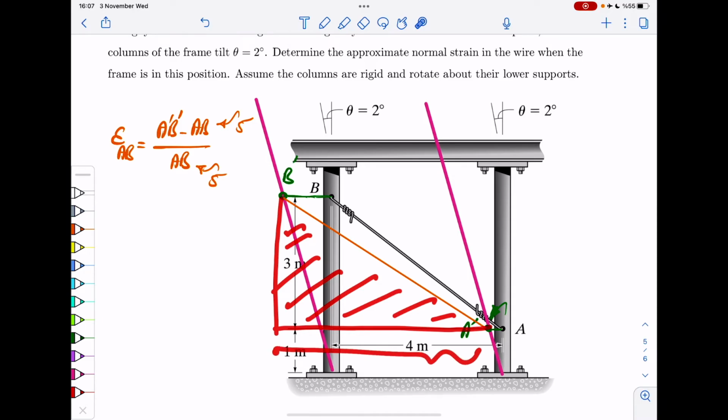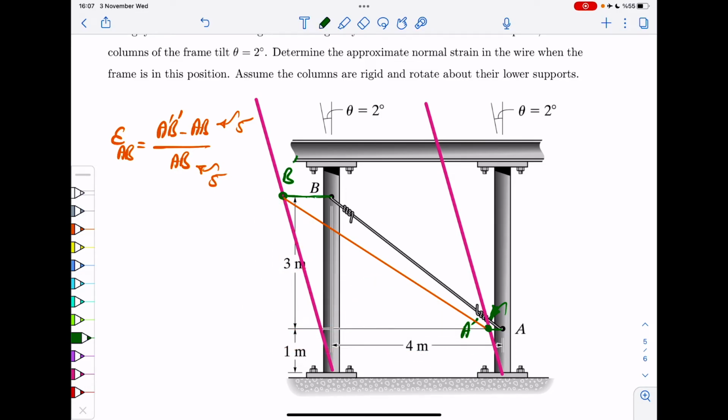You would have the X, the Y coordinate, and A prime B prime can be obtained from there. So you would say A prime B prime squared is 3 to the power 2. That's the height, right? So this height is 3 plus the horizontal part is this.